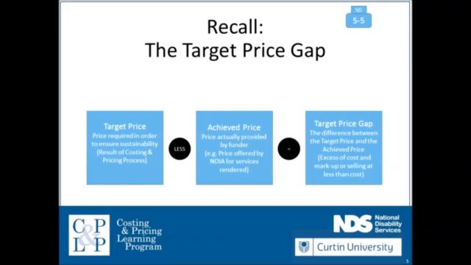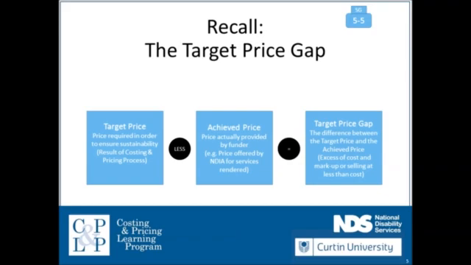As you know from the previous webinar, the NDIS was certainly the catalyst for the development of the Costing and Pricing Learning Program, but it is actually financial sustainability in the broader sense that is the central focus of the program and the central focus of ABC costing. Therefore, the target price gap is fundamentally the essence of ensuring financial sustainability going forward in any sort of person-centred, individualised funding environment, of which the NDIS, of course, is a substantial element.